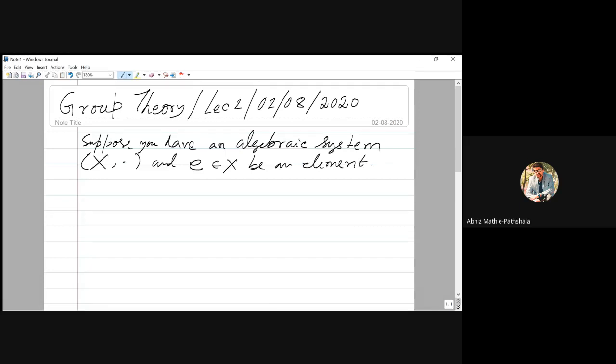Then this small e is said to be a left identity.